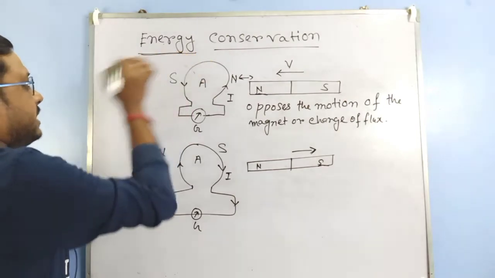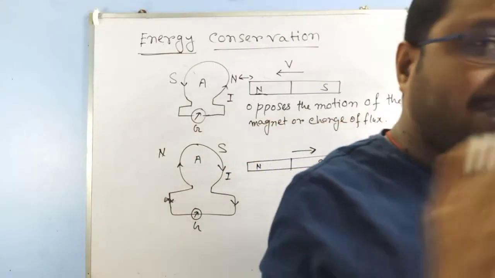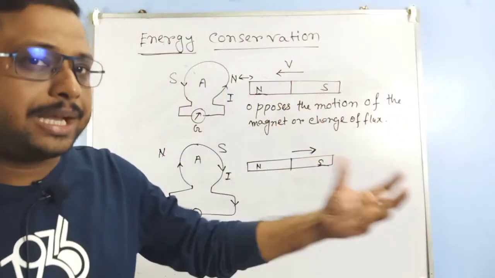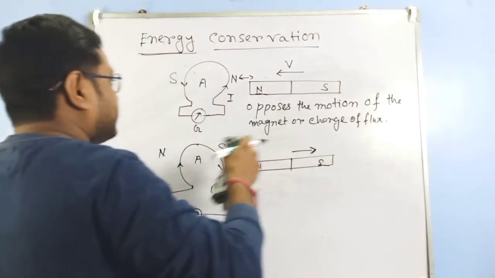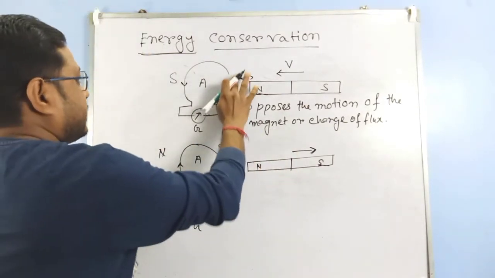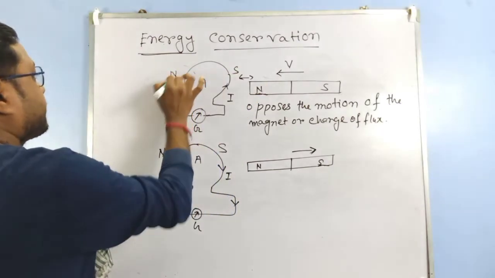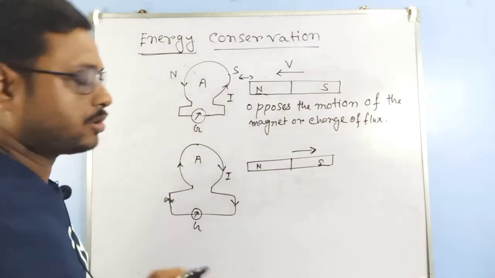Now, energy conservation means that the total energy will be conserved. That is, some energy will be converted into another energy. For a while, we can say that here S pole is created and here N pole is created, that is, if Lenz law does not occur.